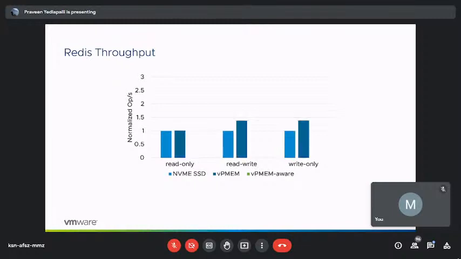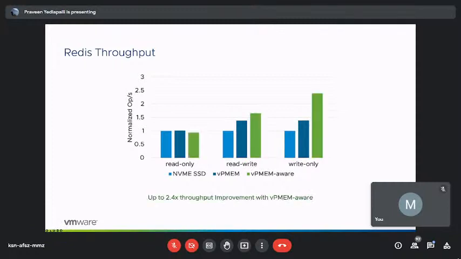With regular PMM, in the write only test, I can get up to 1.4x better throughput. But with the PMM aware Redis, I can get up to 2.4x improvement in the write only test compared to SSD. That's a big improvement with the PMM aware Redis.